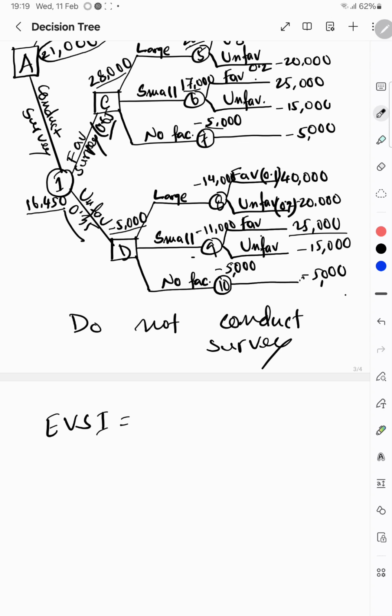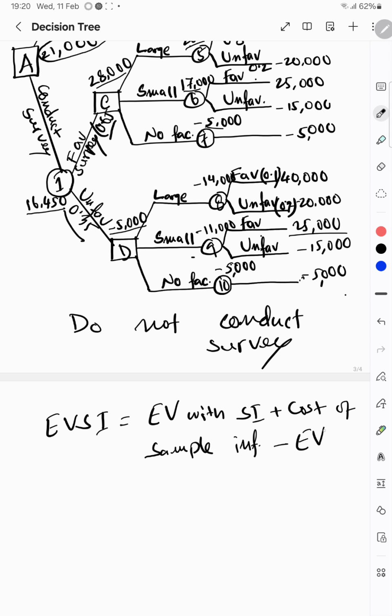The calculation of EVSI comes from EV, expected value, with sample information plus cost of sample information minus EV without sample information.